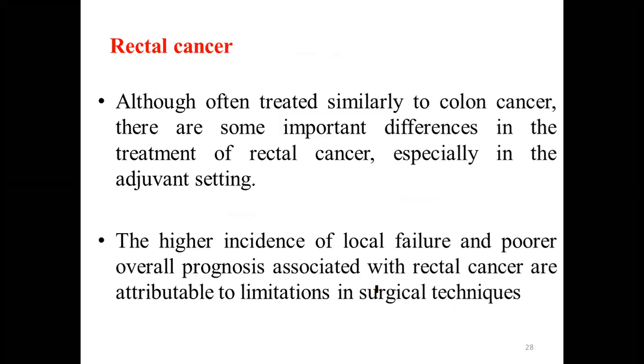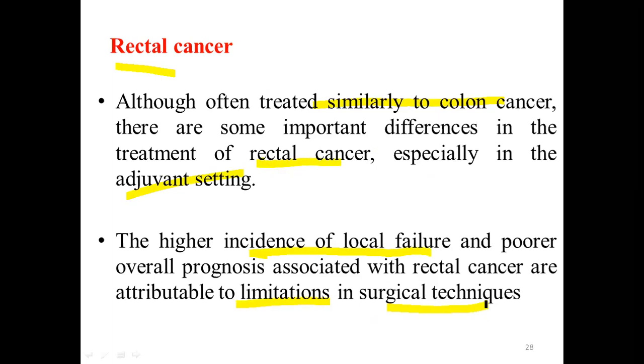Okay, another thing to note is there is a slight difference in management of colorectal cancer when there is a rectal component. More often, the treatment is similar, but there is a slight difference in the treatment of rectal cancer, especially in the adjuvant setting. In rectal cancer there is a high incidence of local failure and a poor overall prognosis, which could be due to issues with surgical technique.